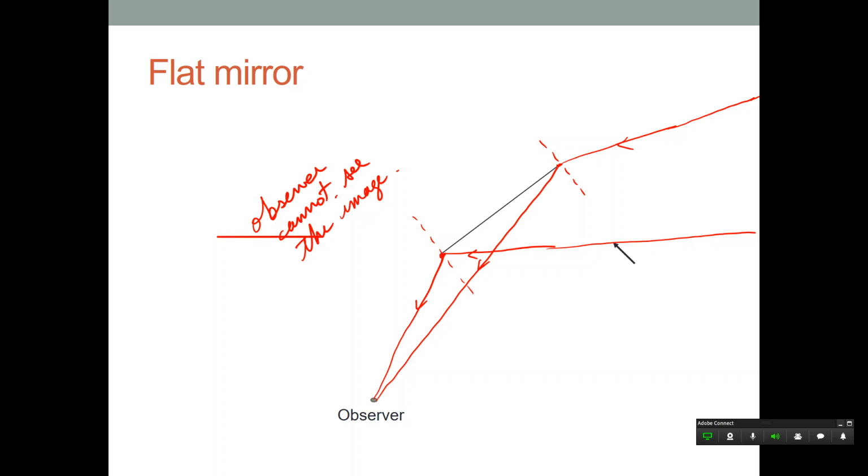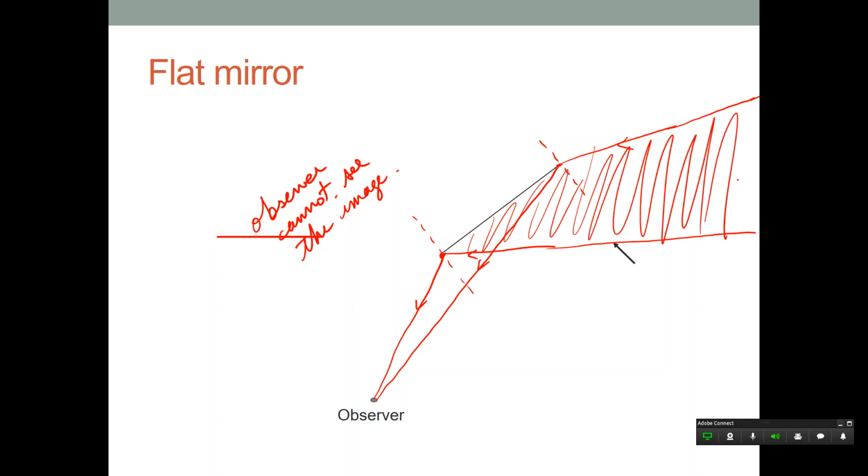So if an object was, for example, right here, I wouldn't be able to see it, right? Because it's outside of my range. I can see anything in this kind of zone here. So if I have an object on the bottom or on the top of this object here and this object here, I can't see them. They're not in my field of vision.